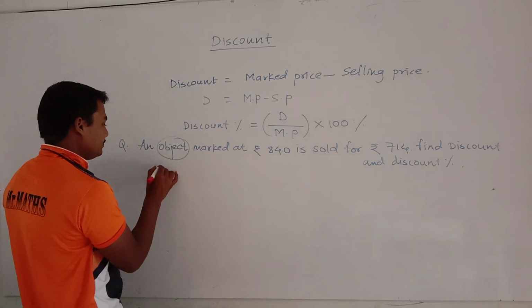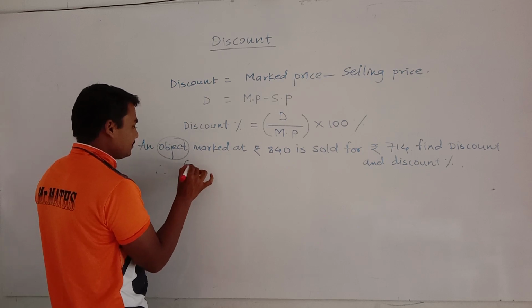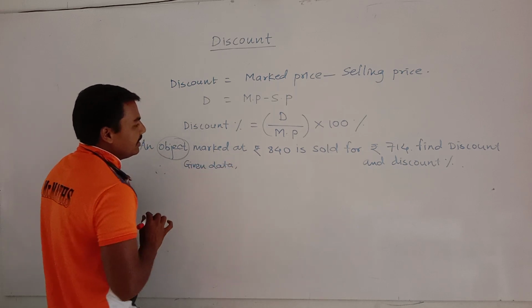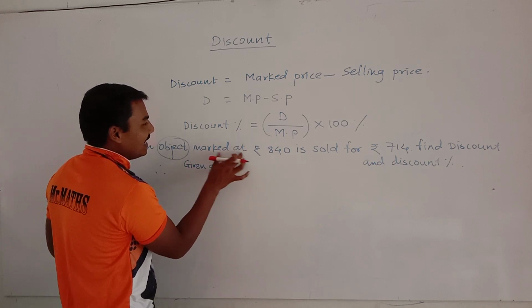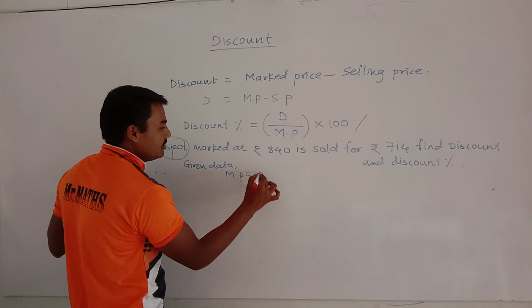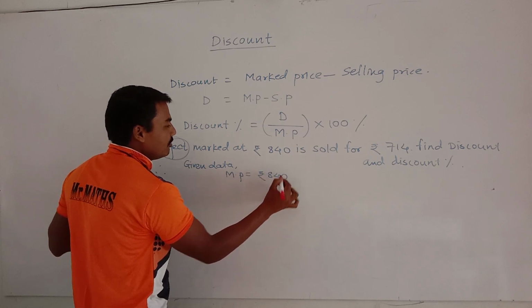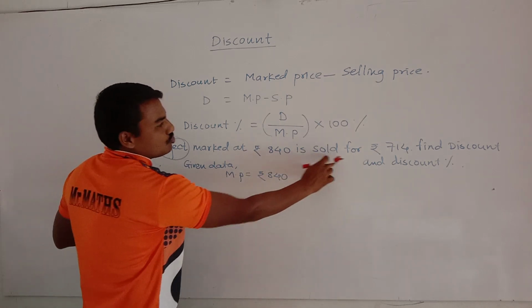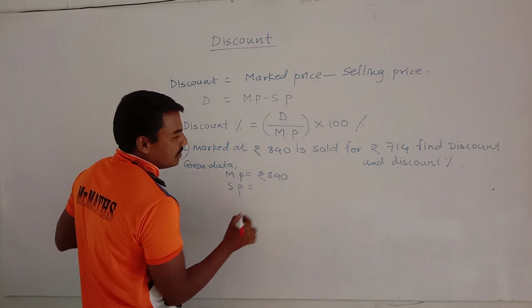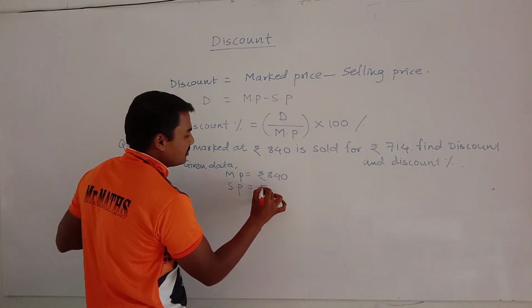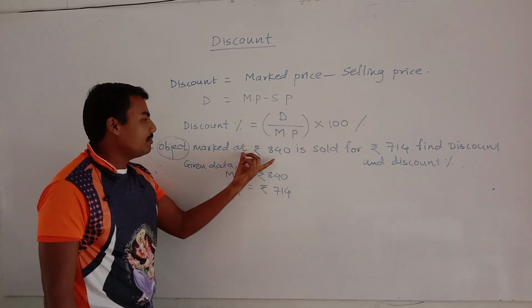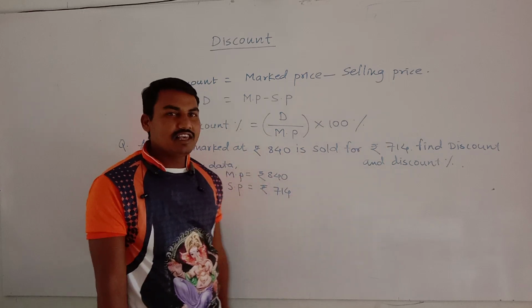Okay. Now from this given data, what is the given data? Given data is marked price. Marked at means marked price, which is equal to rupees 840. Okay. Now sold for rupees means selling price, which is equal to rupees 740. Okay. Marked price is given, selling price is given.